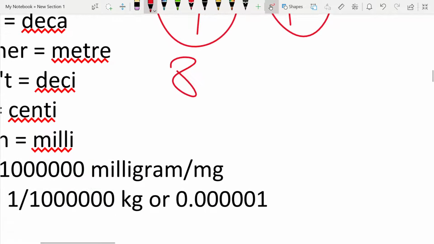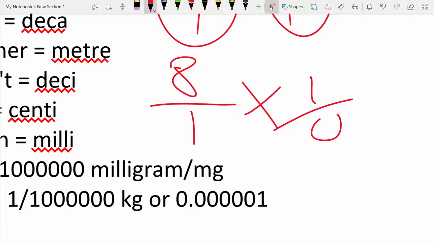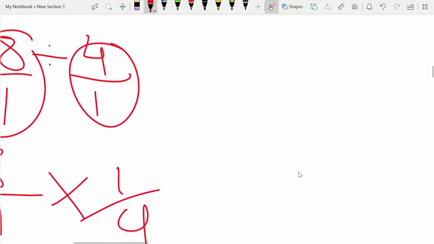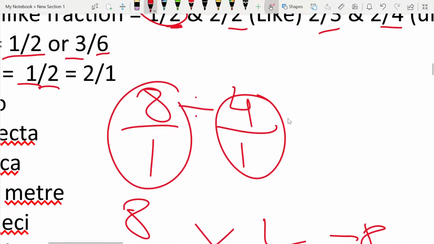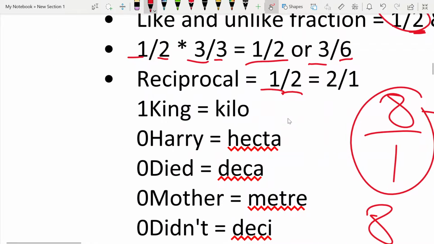So it will be 8 by 1. Now it won't be division, it will be multiplication, and it will be 1 by 4, like that. And then we just multiply it, which is 8 by 4. So that's going to be our division for 8 by 1 divided by 4 by 1.